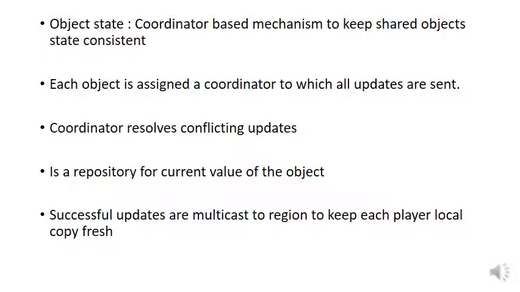The role of the coordinator is to resolve conflicting updates. Let's say we have redundant updates in the system; the coordinator is going to resolve that. It's also a repository for current values of the object.